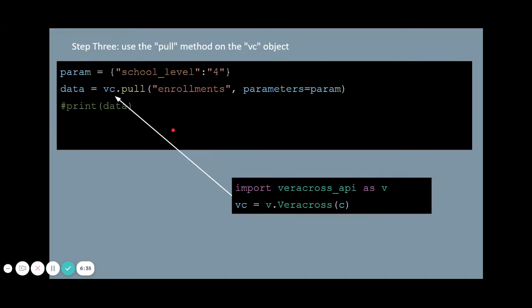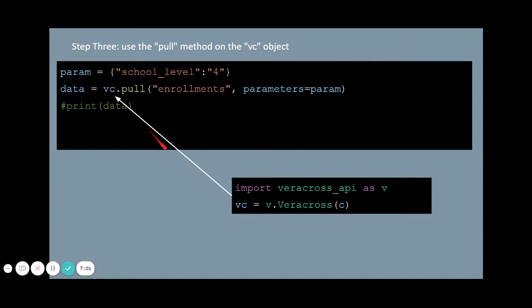All right. And now we're going to open that object, and we're going to use the pull method. We've got some parameters up here. School level is 4. That means upper school. So I'm using the pull method on the VC object, and I've got my parameters here. We're specifying what endpoint we're using here.